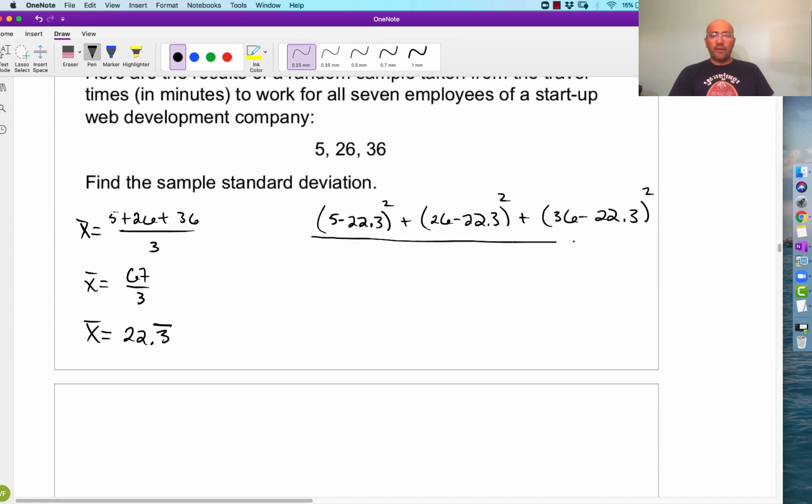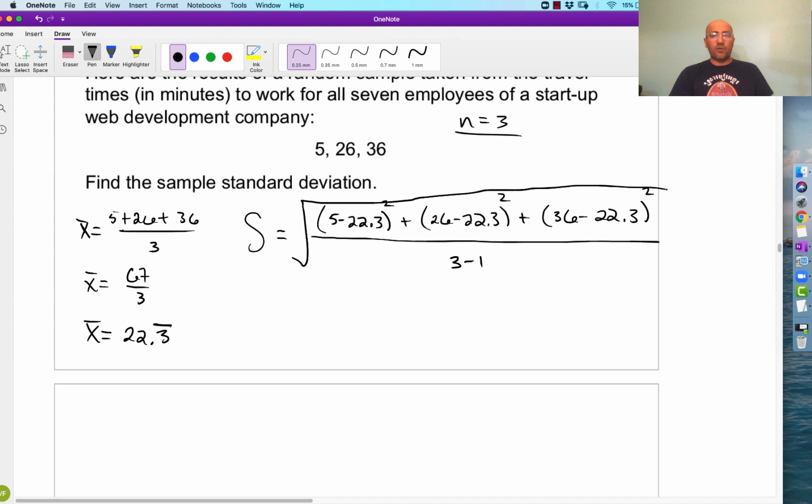And all of that gets divided by 3 minus 1, because remember, it's n minus 1. Here n equals 3. And then s, the sample standard deviation, will be equal to the square root of the whole thing.